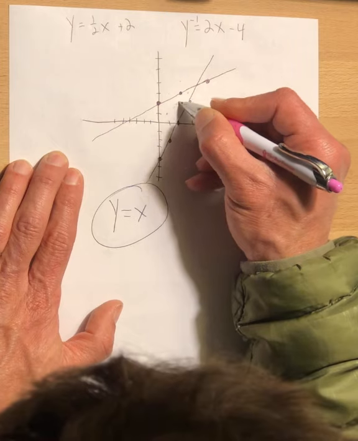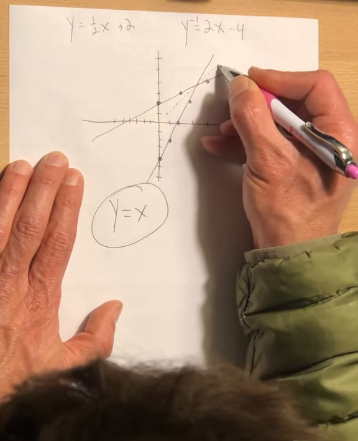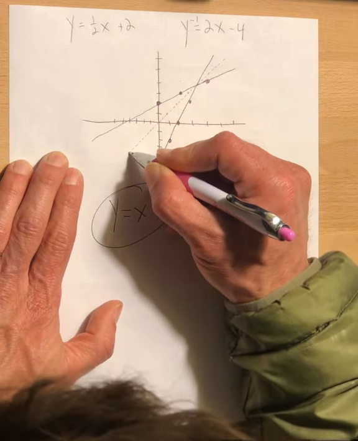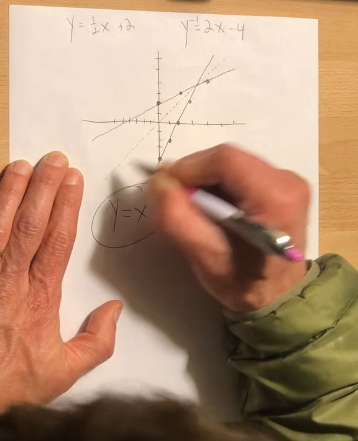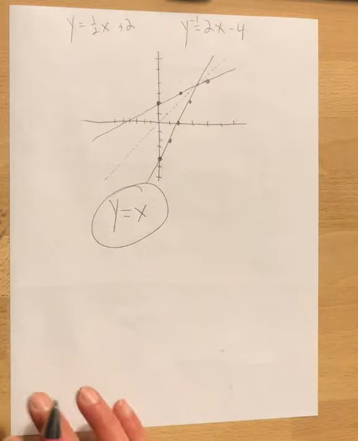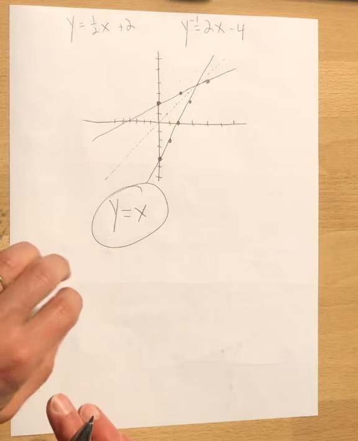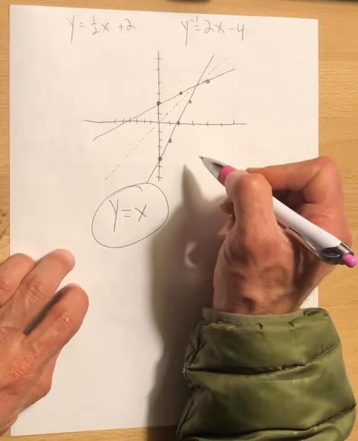This is the y equals x line. The reason why that's important is because look at the second page of your notes. The second page of your notes says inverses are reflections over the y equals x line.